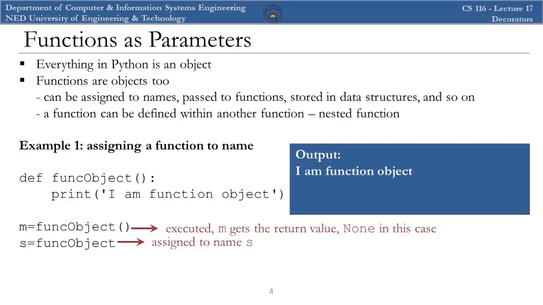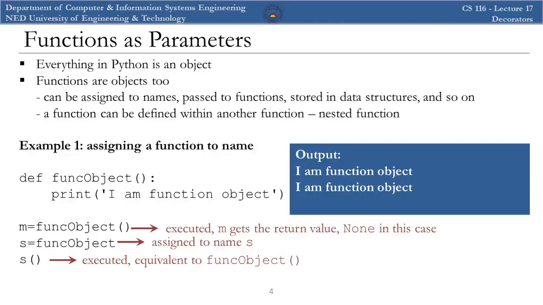So it will not execute it. If I write another statement, this statement will now execute the function, because s means func object and you are putting round brackets after it, so it will execute that function. This is equivalent to calling func object. Since you are now calling that object, the line I am a function object will again be printed at the output, right?